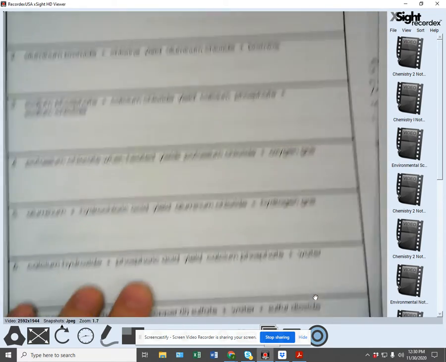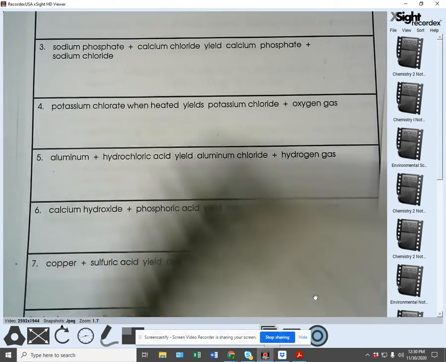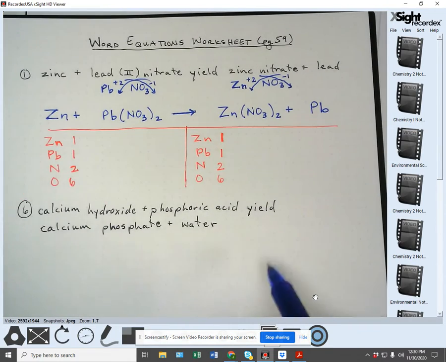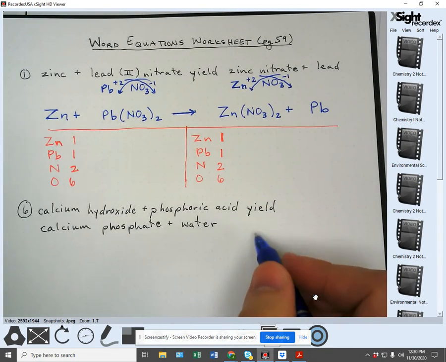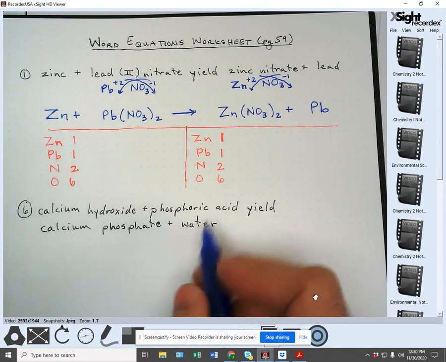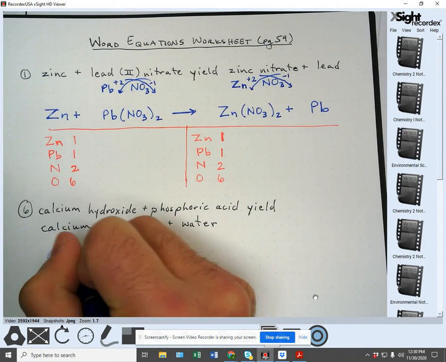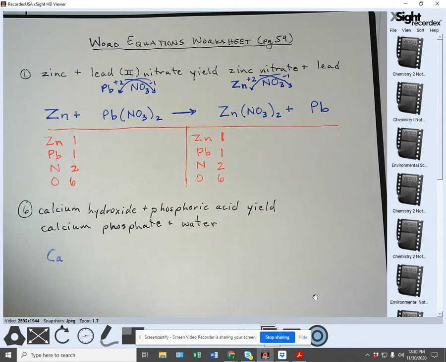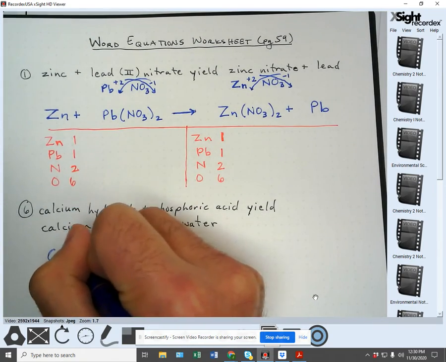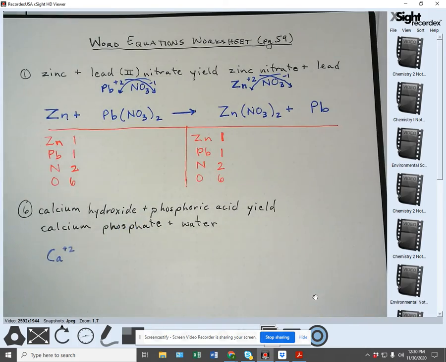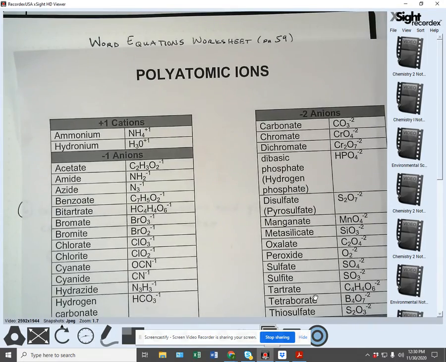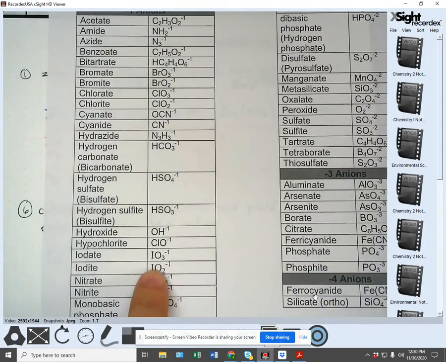So here, number 6. It's right here. Now, in my writing, I didn't have enough room to go all the way across, so I've got it in 2 levels here. Okay, calcium hydroxide. So calcium, I look on the periodic table, calcium is a +2. Hydroxide is right here, OH -1.